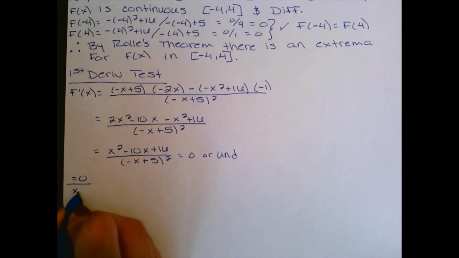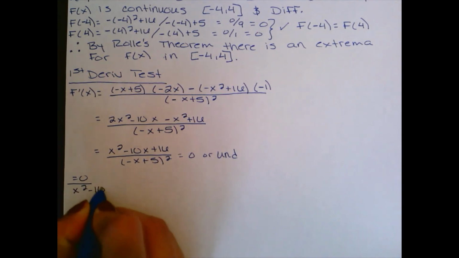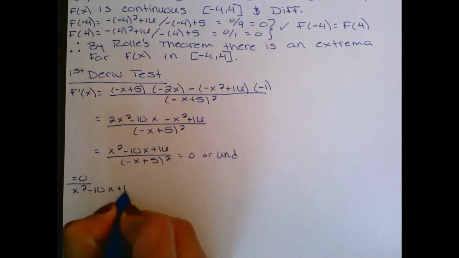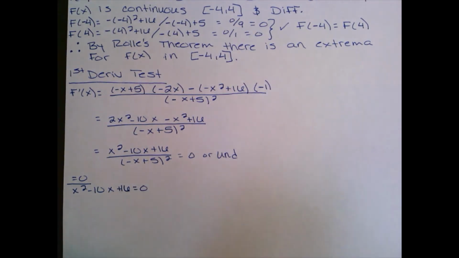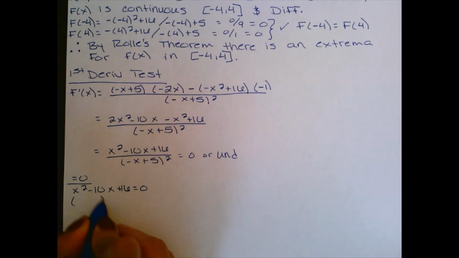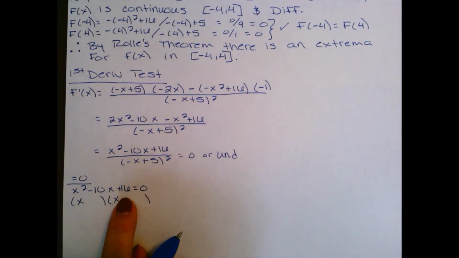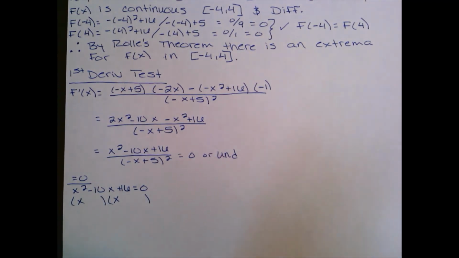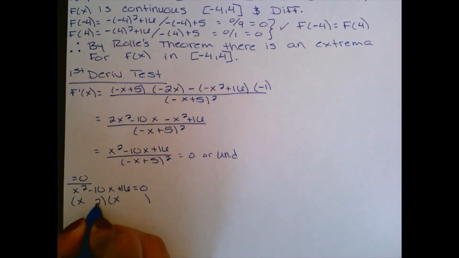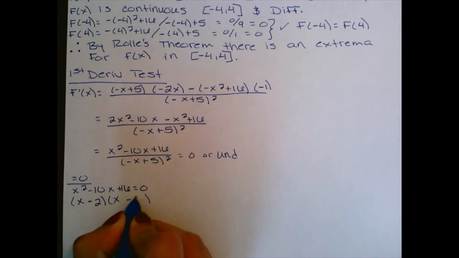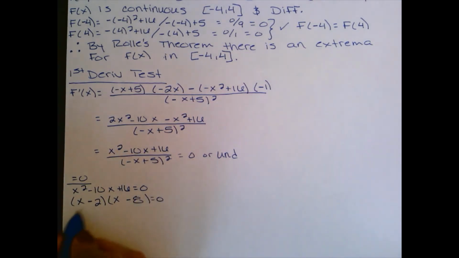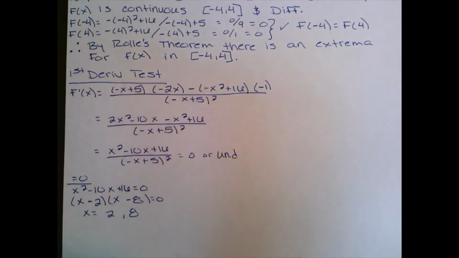The way I set it equal to 0 is by setting the numerator equal to 0, which this I can factor. I need two numbers that multiply to give me 16, but combine to give me a negative 10. So I can use a negative 2 and a negative 8. So here x equals 2 and 8.